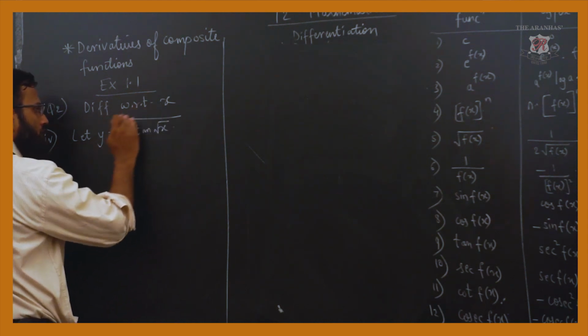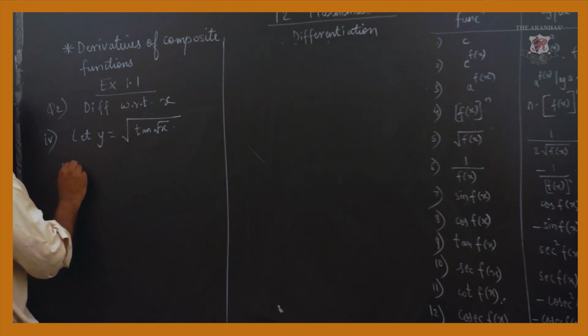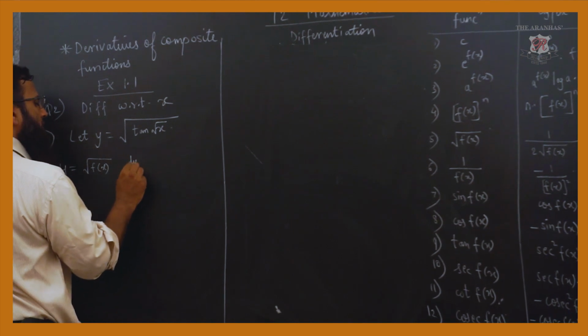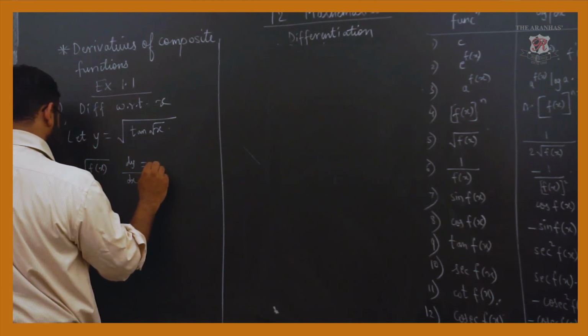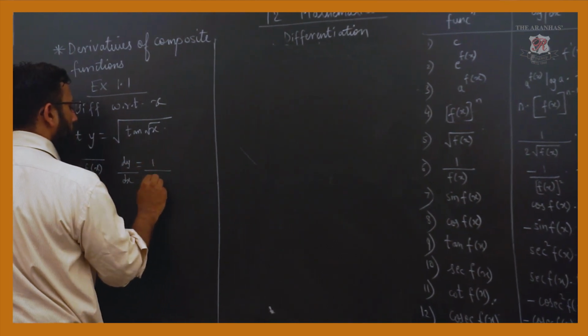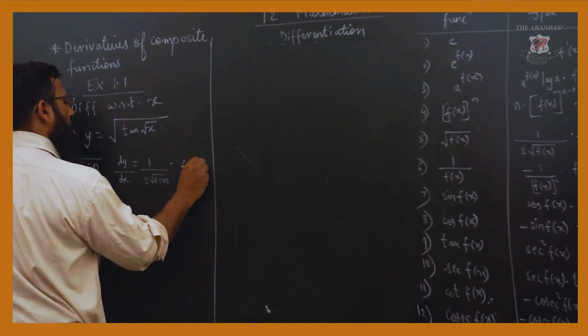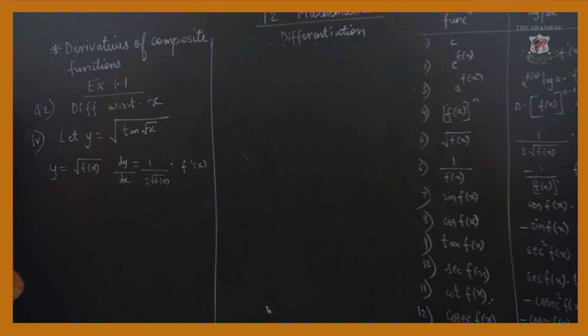I will treat this whole thing as y equal to root of f of x. Under such situation dy by dx is 1 upon 2 root f of x into f dash of x.